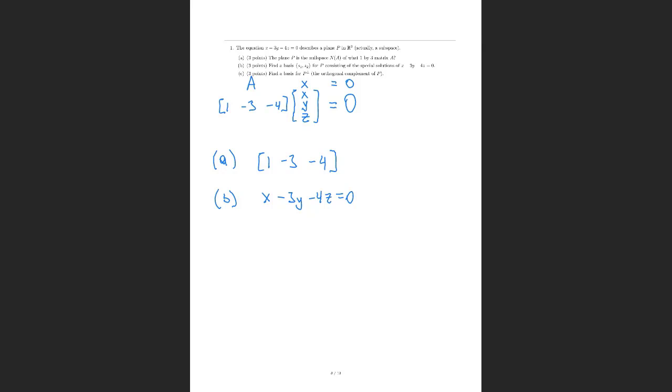So what I would do is make y and z my free variables, s and t. And then x would be just 3s plus 4t.